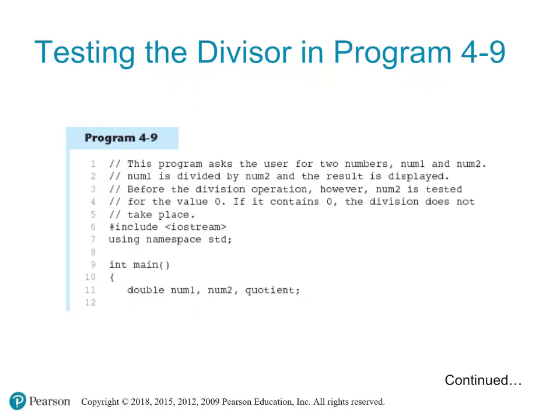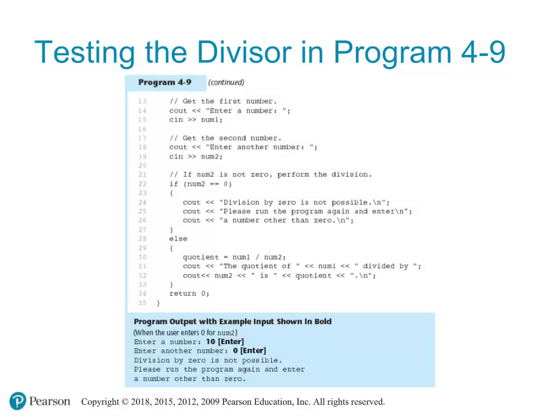This program performs division of two numbers, num1 and num2. Importantly, it checks for division by 0 to prevent errors. So there are three double variables, num1, num2, and quotient, declared to hold the numbers and the result of the division. The program prompts the user twice, once for num1 and once for num2.